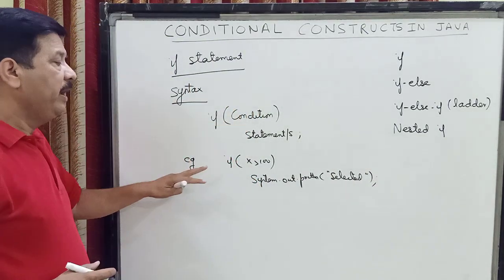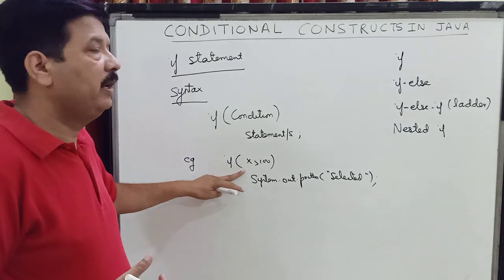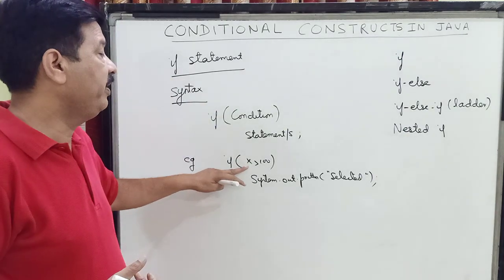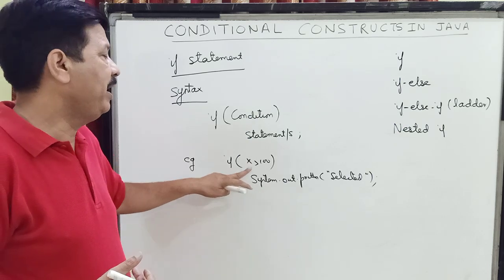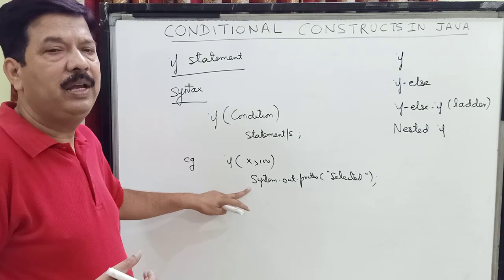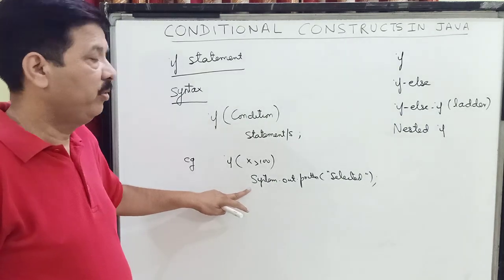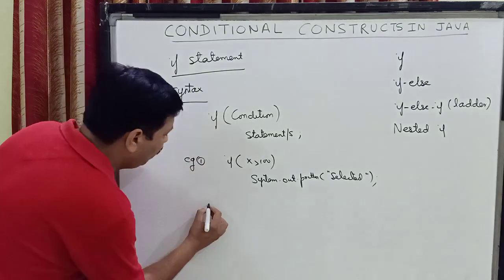What will happen is, if my value of x, whatever I have entered before the execution of this statement, is greater than 100, then the statement selected will get printed. And if my value is equal to or less than 100, then this statement will be left out, it will not get executed. This is a single statement, and it can also be a group of statements.